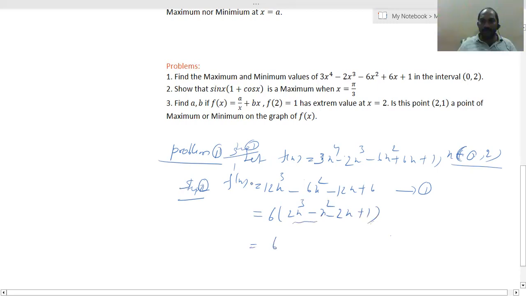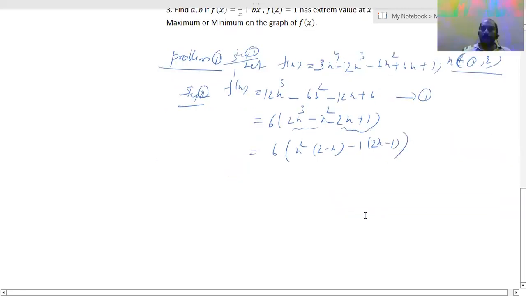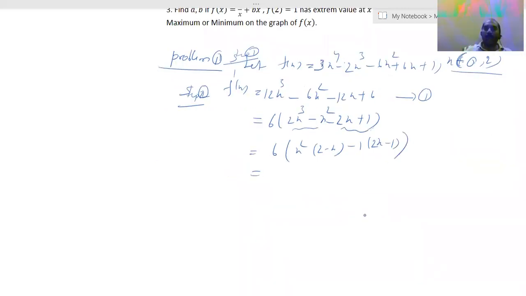See, from this you take x square as a common factor: 2x minus 1. From the last two terms you take a minus 1 as a common factor. So by the factorization rule, 2x minus 1 is a common factor.